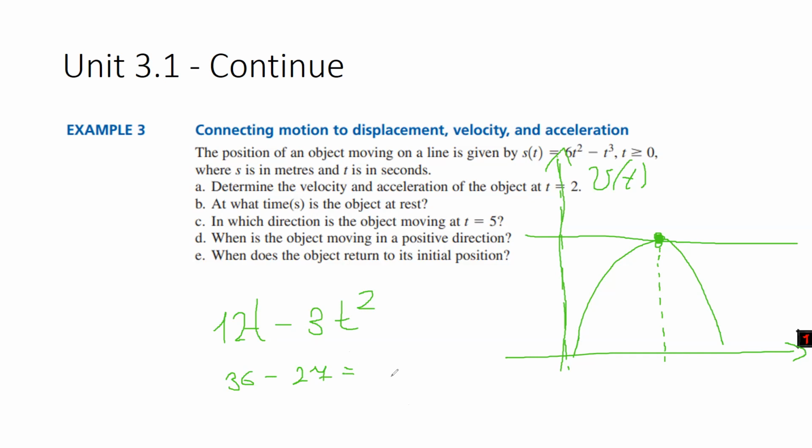So what are we missing here? But we indeed find that at moment of time 2, the object has 0 velocity. No, that was acceleration. Oh yeah, 0 acceleration and 12 velocity.